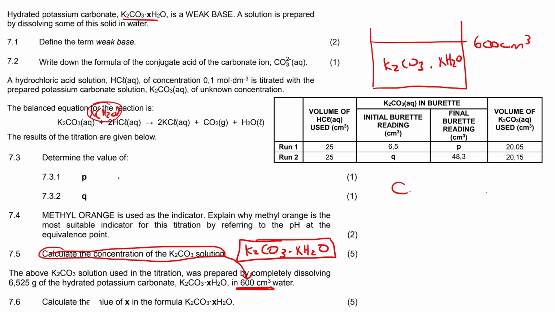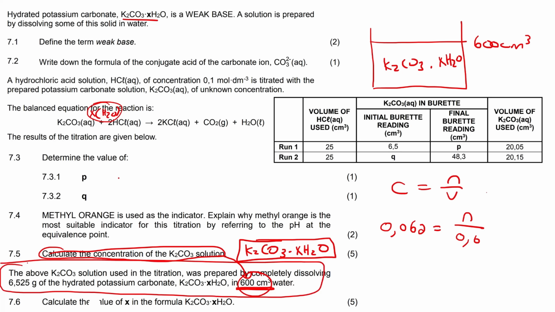So we can then use the formula C equals n over V, and work out, if we have the concentration from the previous question, what did we say? We got 0.062 in the previous question. We can then use that volume of 0.6, and work out how many moles of the hydrate we have.